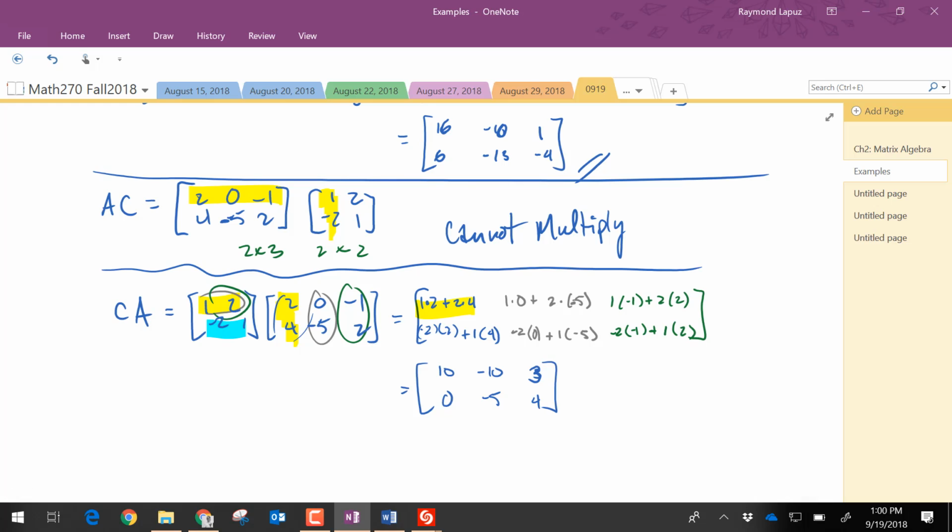So the quick way to check if you can multiply a couple of matrices is to look at their dimensions. The number of rows for the first matrix has to match the number of columns for the second matrix.